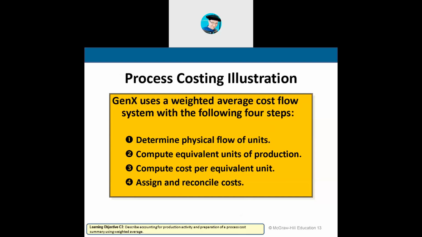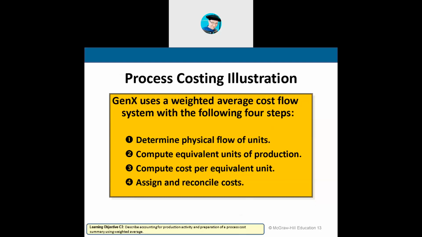Now, as we just learned about with equivalent units of production, it is based on the number of units that we could have completed during the accounting period. If I expected to complete 10,000 tennis balls during the month, 10,000 is my units that I could have completed.